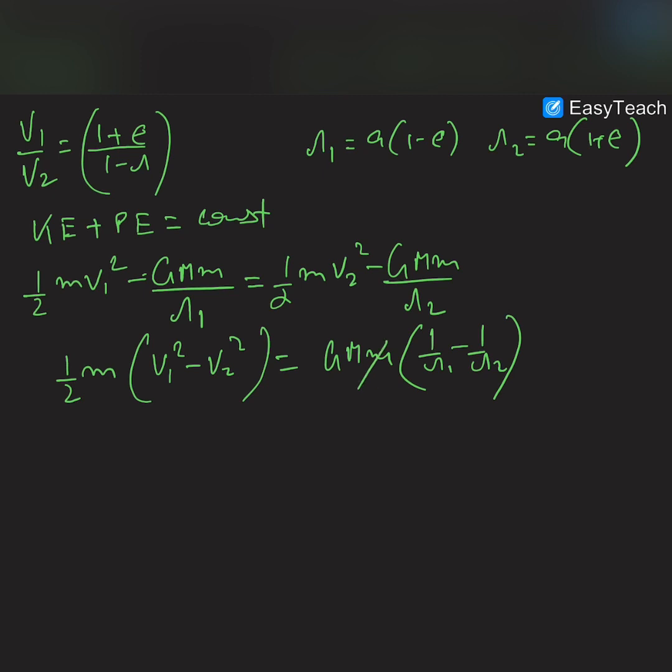Cancelling m with m, from this relation v1 is equal to v2 into 1 plus e upon 1 minus e.